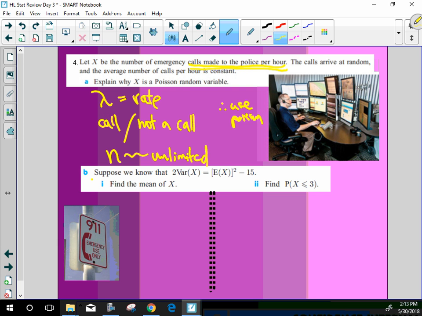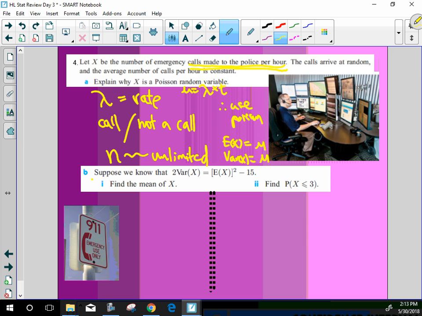Now B, love B, because do you remember what the expected value of a Poisson distribution was? Yeah, they both were mu. And mu is just the lambda times the time or the length or whatever you're using for a variable. So once you know mu, you know the expected value and you know the variance, which is pretty crazy.